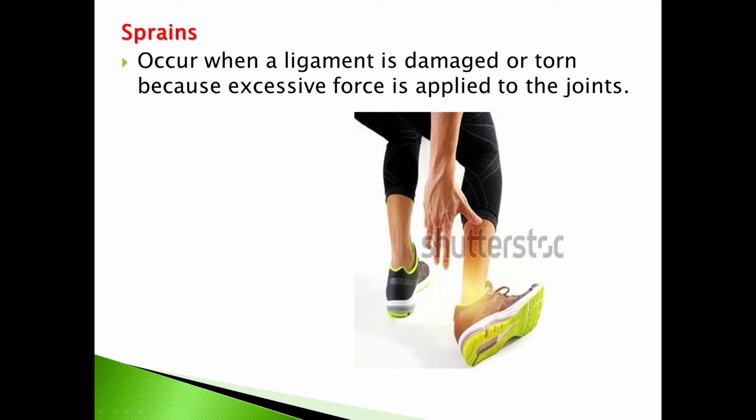A sprain occurs when a ligament is damaged or torn because of excessive force applied to that part. So you can wrench your ankle. Whenever somebody says they wrenched their ankle, the correct term is sprain. Again, this is when you have the ligament being damaged. A damaged ligament can cause a sprain, and a damaged ligament can cause dislocation.